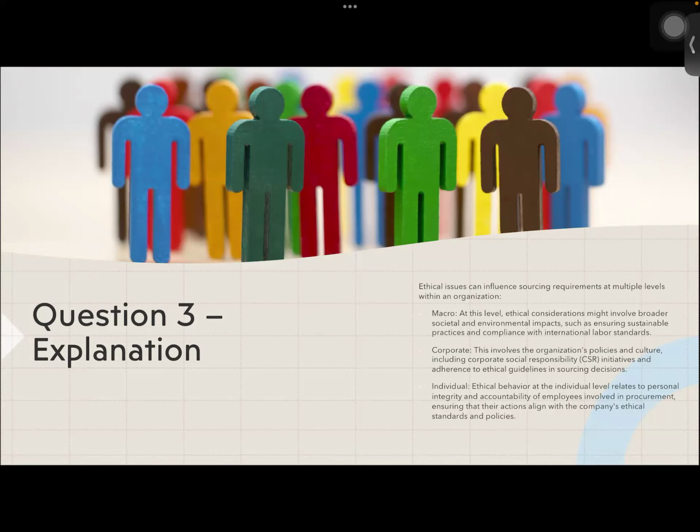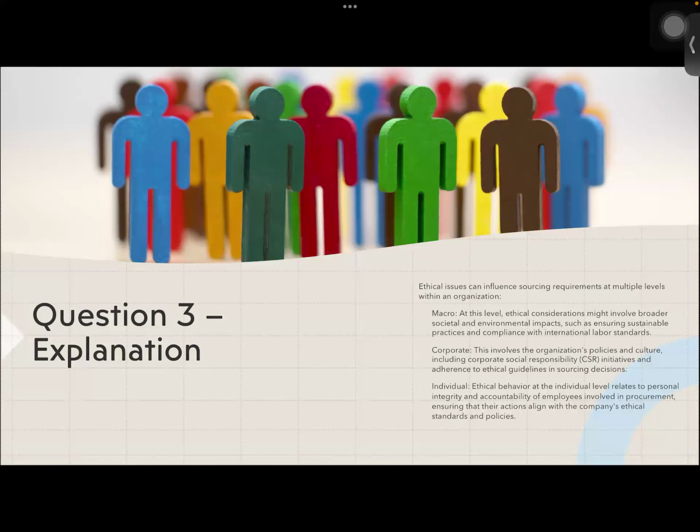It means that when we source something, we need to consider ethical issues at three levels. Macro, we need to follow the general international standard. Corporate, both our organization and the supplier need to have a stringent and specific code of conduct or CSR policy.